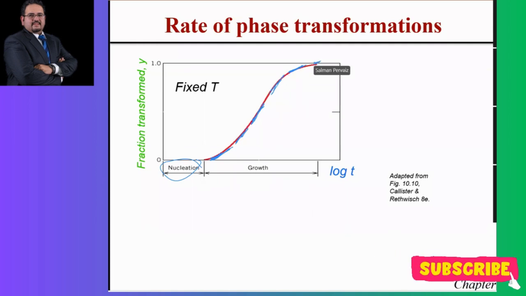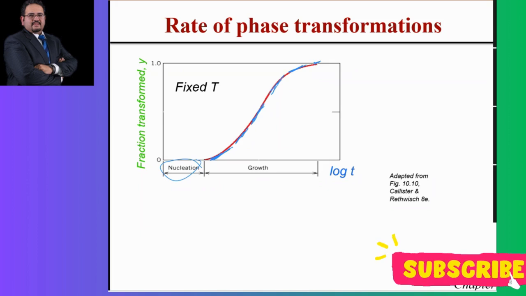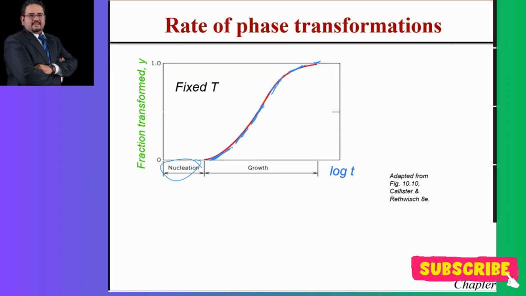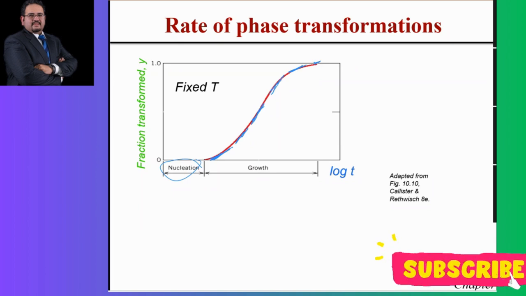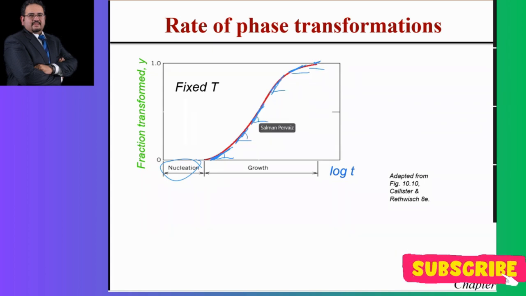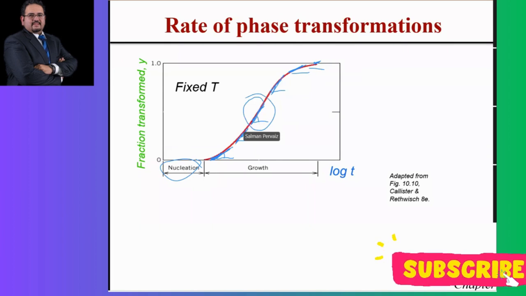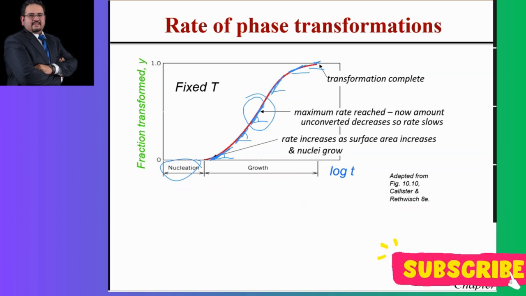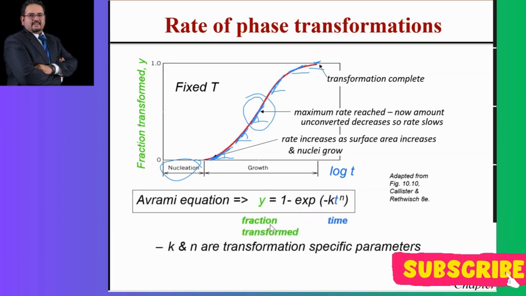So if somebody asks you where the highest slope of the curve is present in this diagram, where is the slope highest? The middle of the curve, right? So this is where the highest rate is achieved. I will talk about why the rate goes higher in the middle, but it is technically represented in this form.